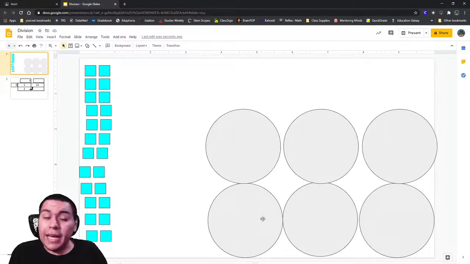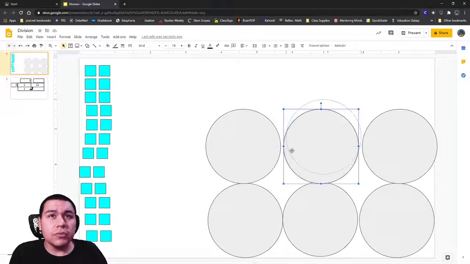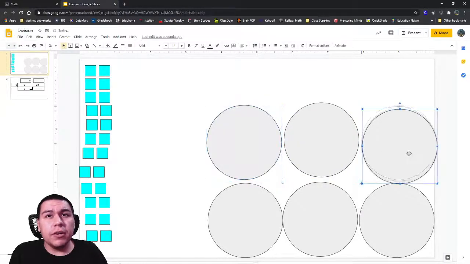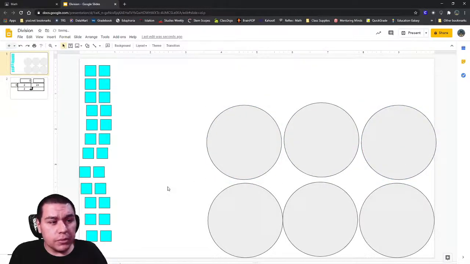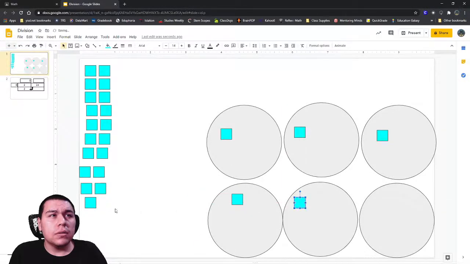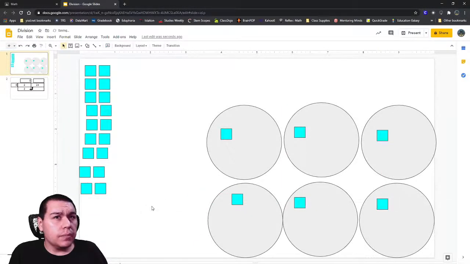Now, do I have enough to start putting some in my groups of 6 or my 6 groups? Would I have enough to be fair and equal and even with all of my groups? Definitely. So I could start by putting 1 square in every group. I still have enough to do a second one.